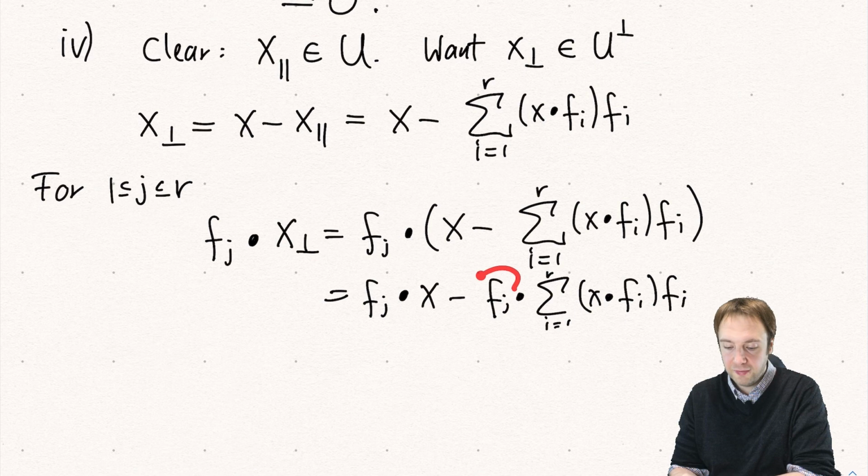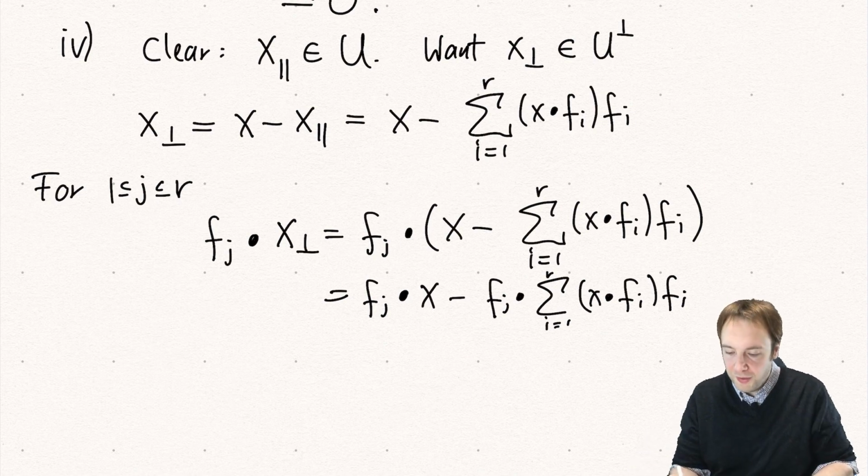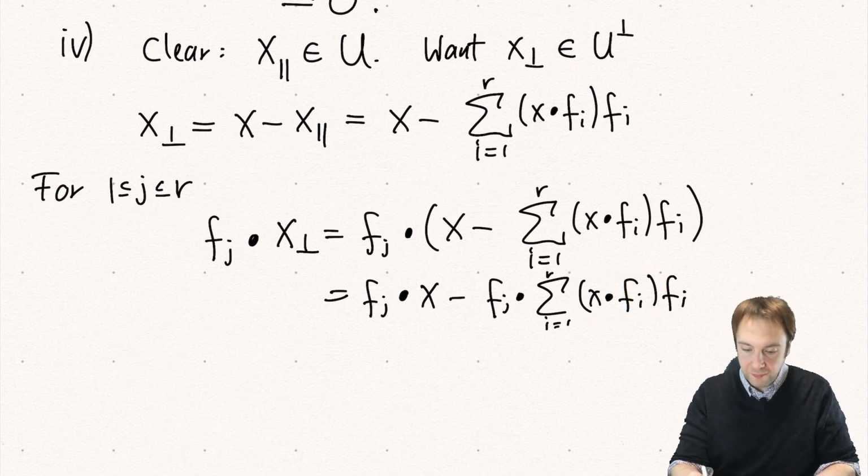In this case, fj times fj will be 1, because the dot product is 1, and therefore the only term we have left here is x dot product with fj.